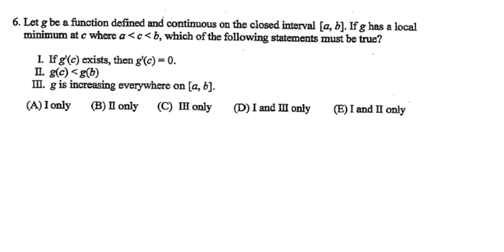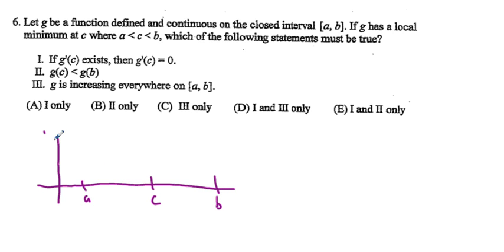Now we can just go ahead and make a little sketch of this. We've got a function. There's a local minimum at C, and let's say we have A here, we have C, and we have B.